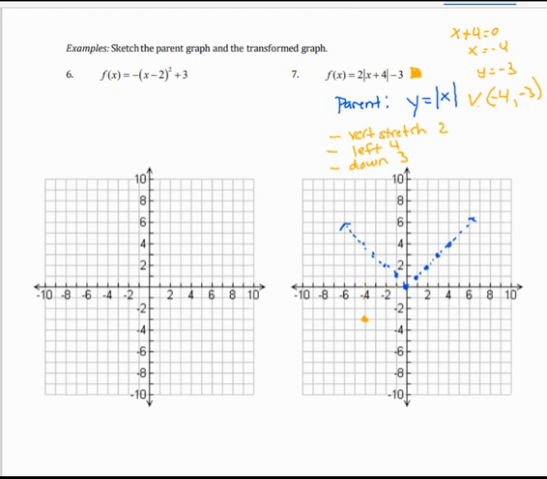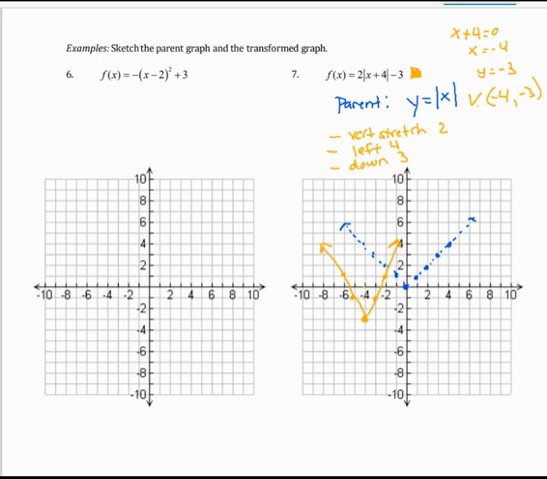So the graph is still going to open up since there's no reflection, but instead of going up 1 over 1, we are going to go up 2 over 1 and up 2 over 1 and continue with that pattern. So you can notice we have a much steeper and skinnier V.